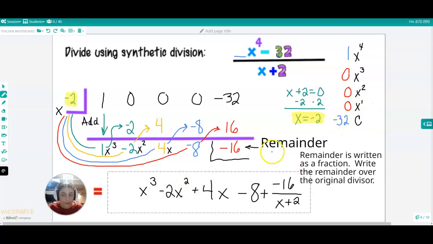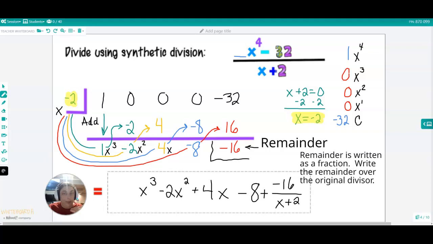Now, a little trick whenever you're doing this, you should have a quotient that comes out 1 degree less than your original dividend. We started with x to the fourth. Because we're dividing by x plus 2, I know it doesn't feel like we divided by x, but we have.